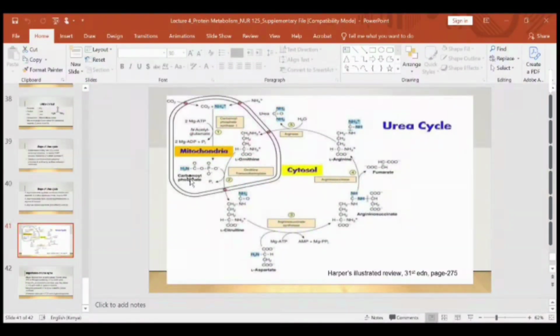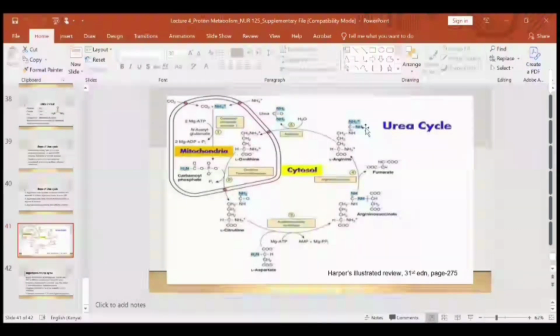Once you have carbamoyl phosphate and ornithine, no ATP is utilized. Once you have citrulline combining with aspartate, ATP is utilized here, 1 ATP molecule. So this is 1, these are 2, these are 3 molecules.